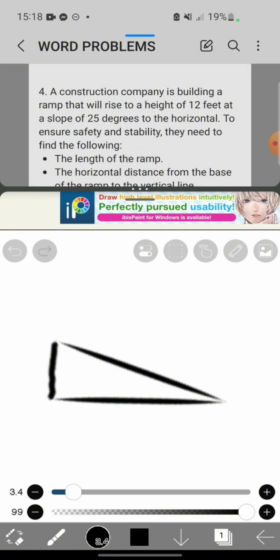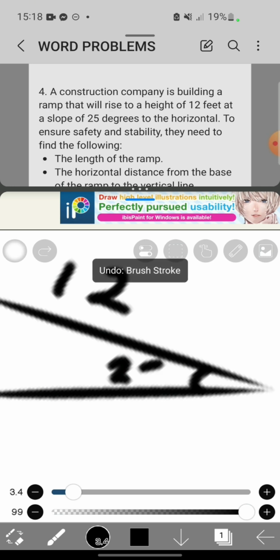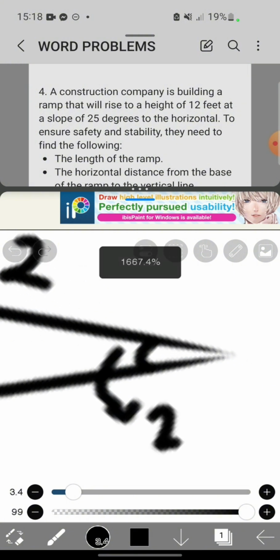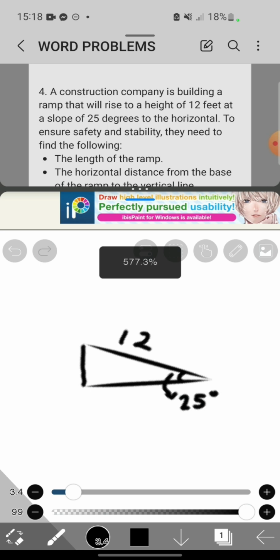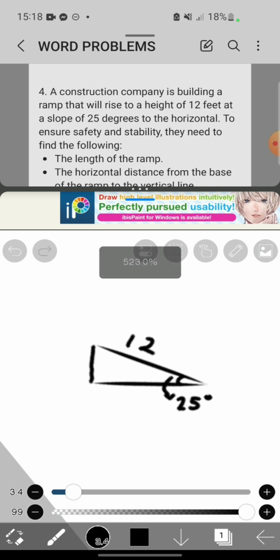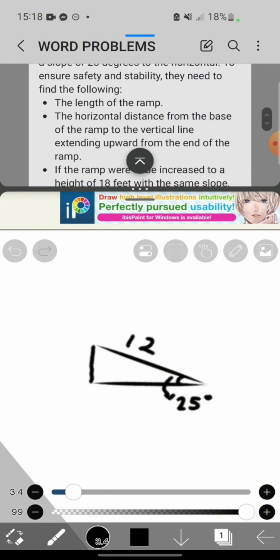So this is 12 and the angle made by the ramp is 25 degrees. So for the first question, what is the length of the ramp?